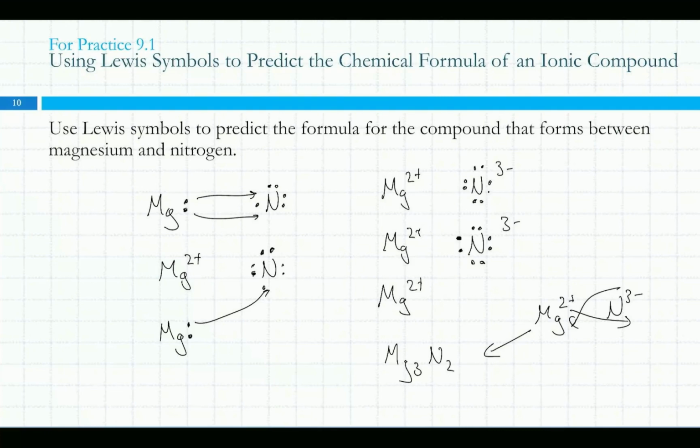And same with nitrogen, we didn't talk about why nitrogen forms a 3- charge. But now I know nitrogen wants an octet. Gaining 3 more electrons makes it a 3- charge. So when you're doing this crisscross rule, really what you're solving for is how many magnesiums do I need to give up enough electrons to satisfy how many nitrogens? And so a total of 6 electrons are being transferred.